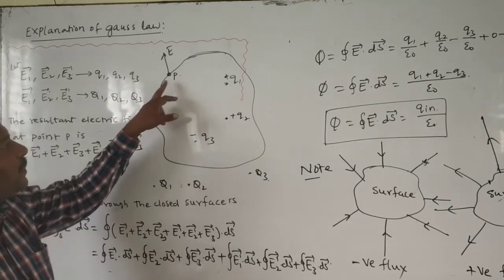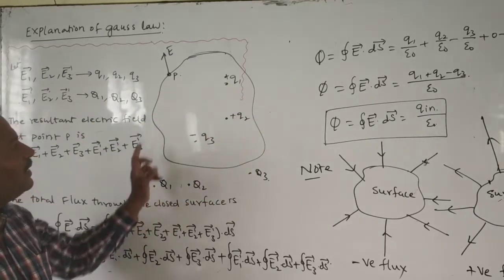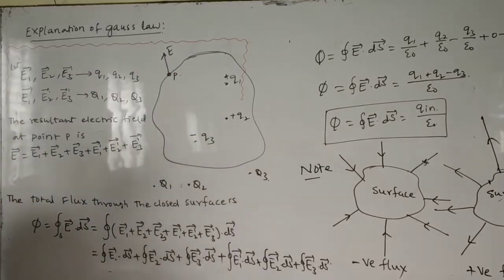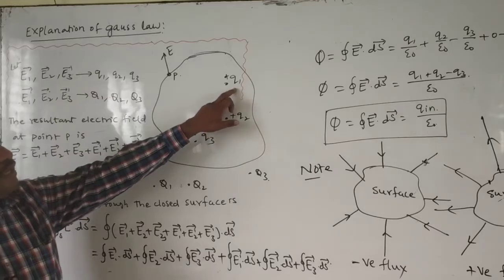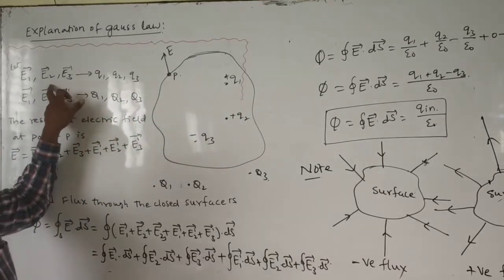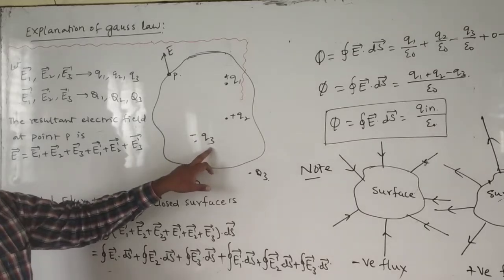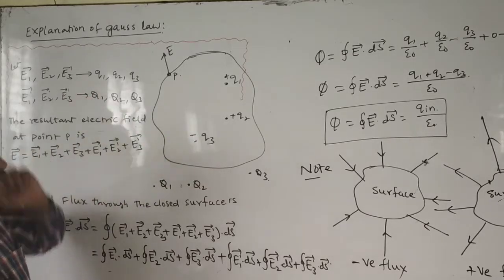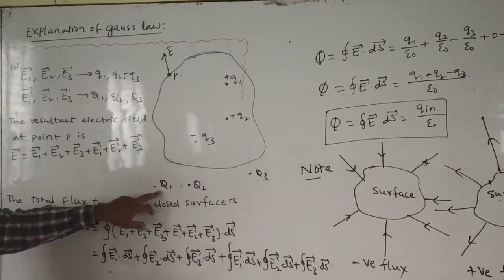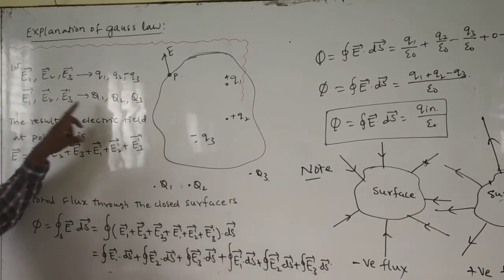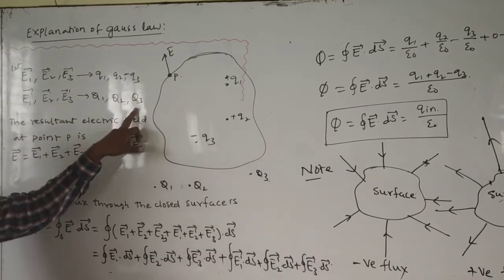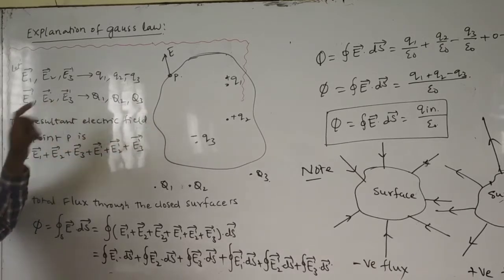At this point, the net electric field due to all these charges is E. Let the electric field due to Q1 be E1, due to Q2 be E2, due to minus Q3 be E3, and due to the outside charges Q1, Q2, Q3 be E1 dash, E2 dash, E3 dash.